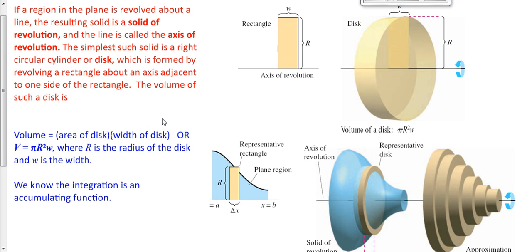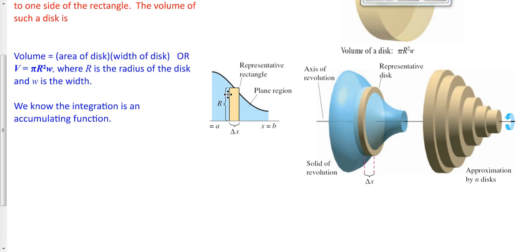So we can really extend what we were doing before with our rectangles for area underneath the curve, take all those rectangles, revolve them around our axis of revolution, and we get lots of little disks. So really, for the most part, all we have to do to find the volume of something revolved around an axis of revolution is to add up all those disks.